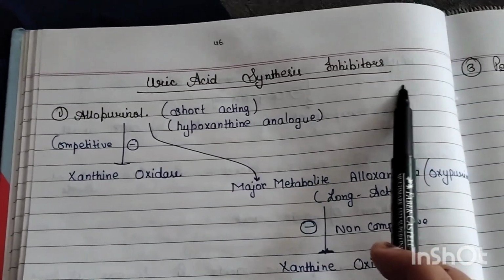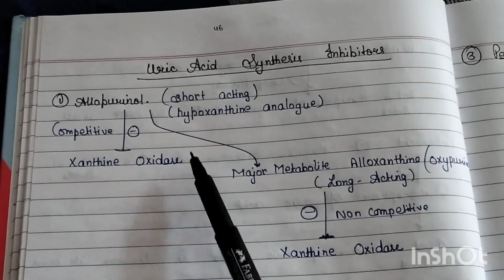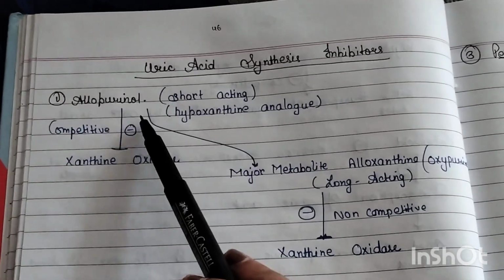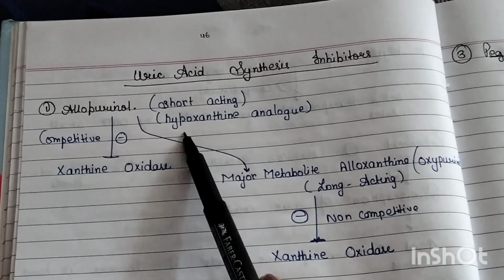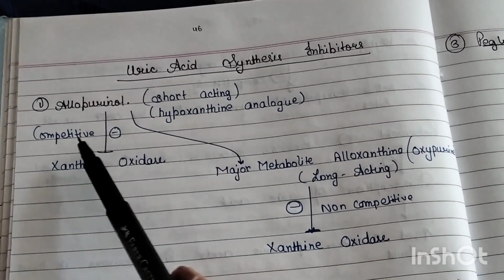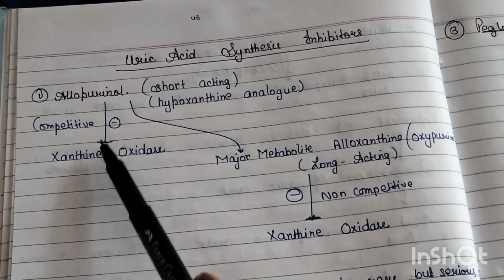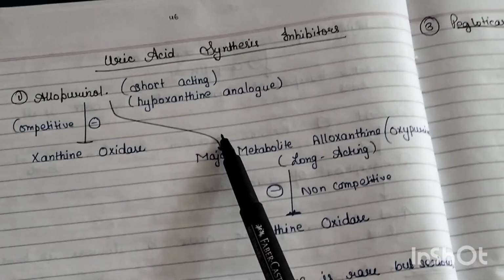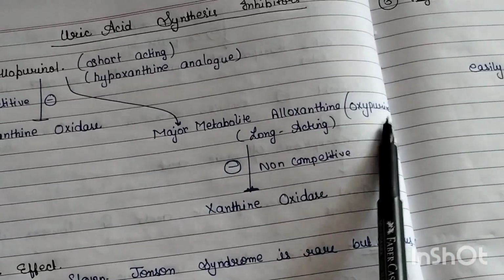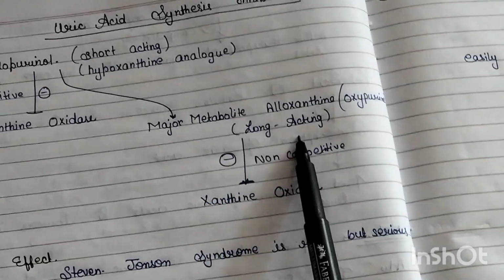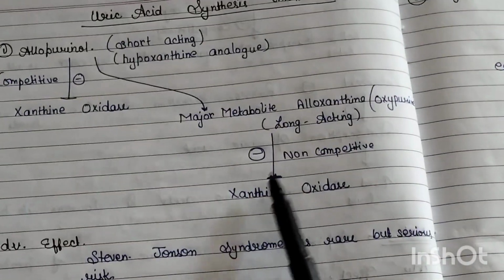The other drugs for chronic gout are uric acid synthesis inhibitors, of which first we will study allopurinol, which when taken in its actual form is short acting and is a hypoxanthine analog that competitively inhibits xanthine oxidase. But its major metabolite, alloxanthine or oxypurinol, is long acting and non-competitively inhibits xanthine oxidase.